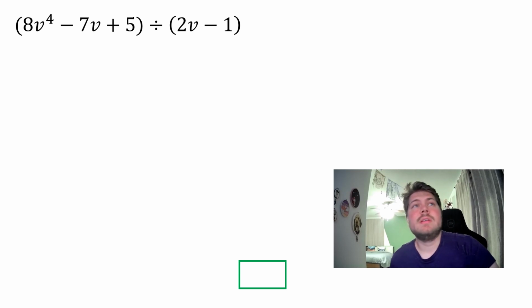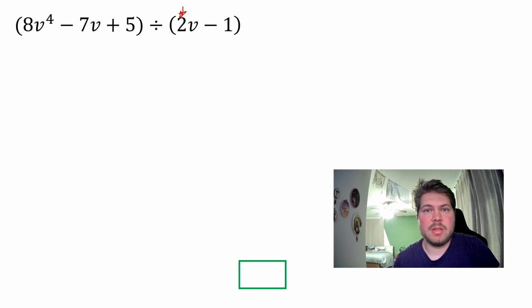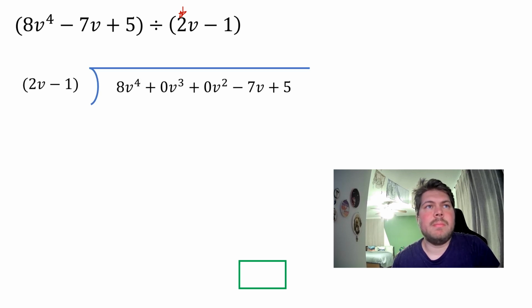All right, so now let's look at this one. Because we have a number in front right here, I'm going to use long division, but if you get used to using the fractions for synthetic, you can. But we just have to think, how many times does 2v go into 8v^4?